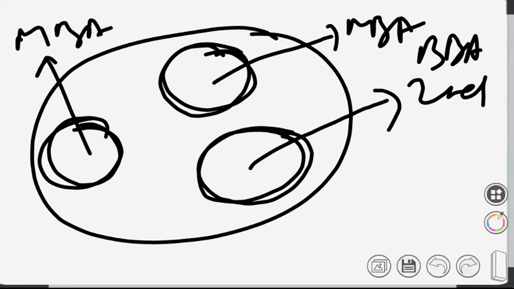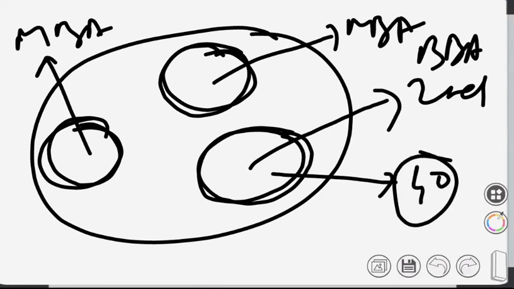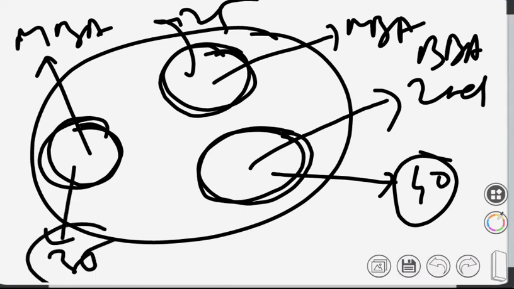If I choose these three as a sample and measure their heights, I can find the average height of the students. Say there are 40 students in this class, 25 in this class, and 35 in this class. So 35 plus 25 is 60, plus 40.